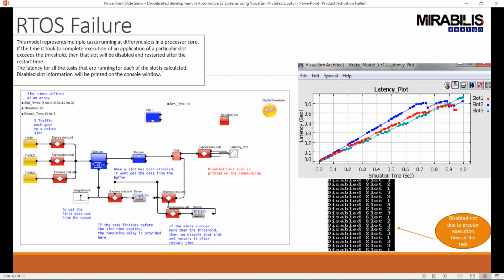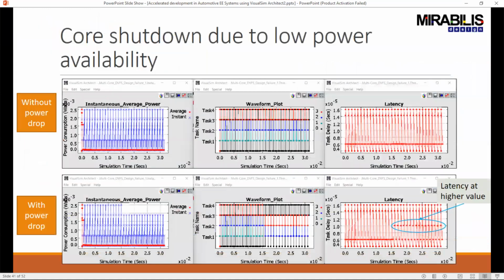If it doesn't, then it will go outside of the slot, which will cause the consecutive task to be shifted. So if it happens consecutively, then the corresponding slot has to be disabled. So we could see that during the course of the simulation, there were a lot of disabled slots. So these are all risks that need to be evaluated very early in the design.